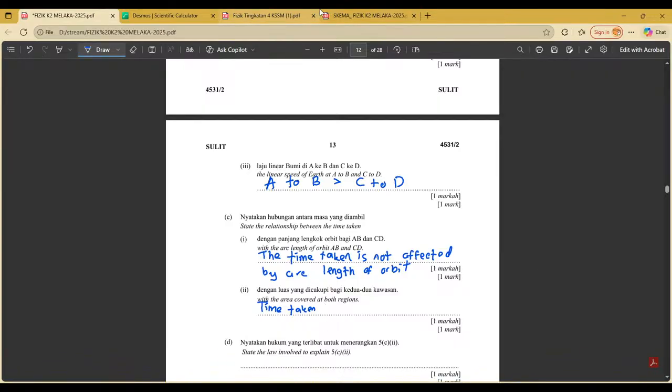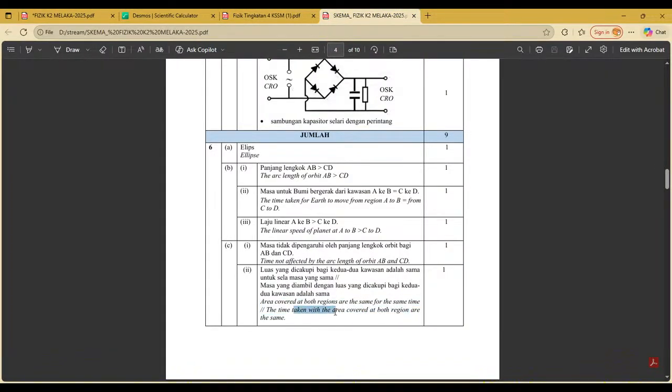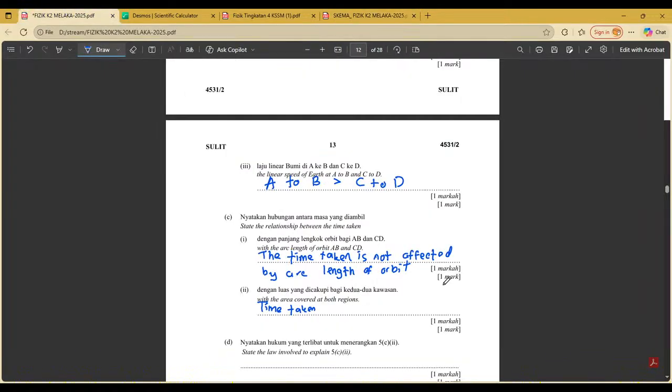I know what it wants, but I don't know how to word it. That's the problem. It's Kepler's second law.